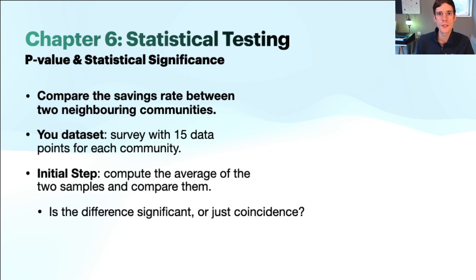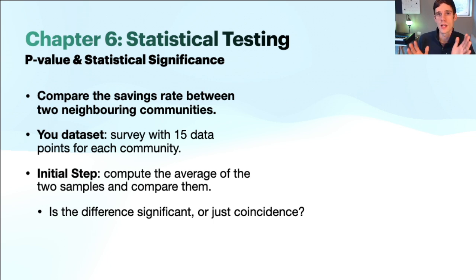Now the very natural initial step that you would do, of course, is to take your sample data and for each community, compute the average savings rate of these 15 data points. And then compare these two averages and see whether they are indeed different or not. Now, chances are very large that they are indeed different. For each of your two sample sets, you will get a different average savings rate.